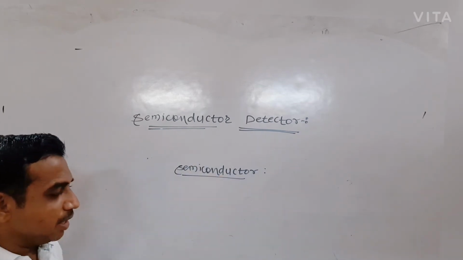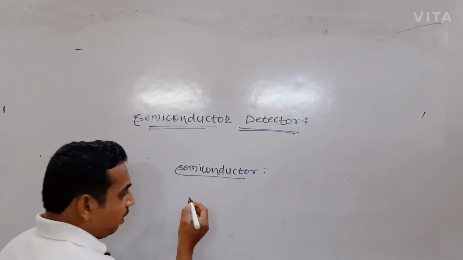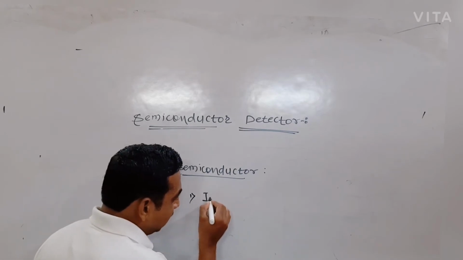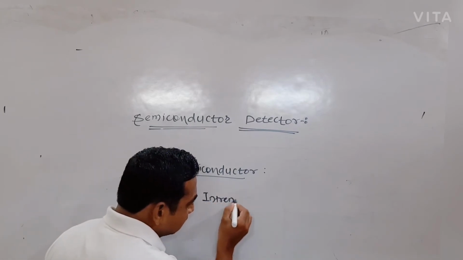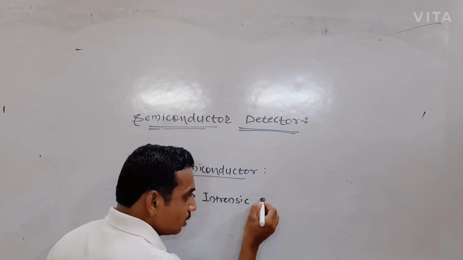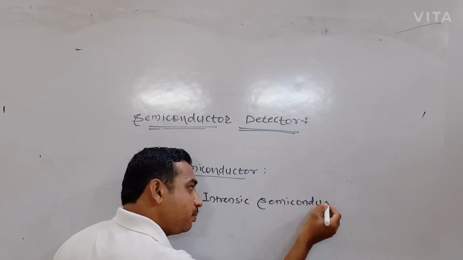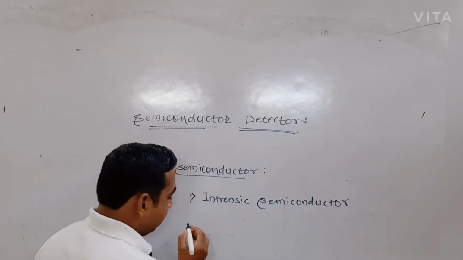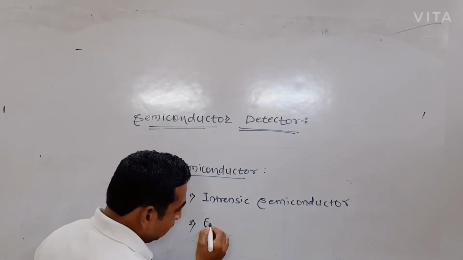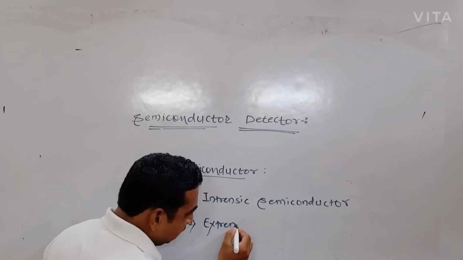These semiconductors are further divided into two categories: intrinsic semiconductor and extrinsic semiconductor.